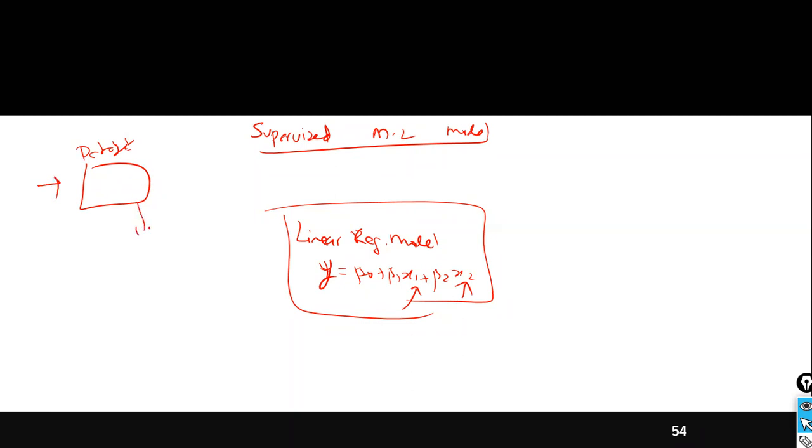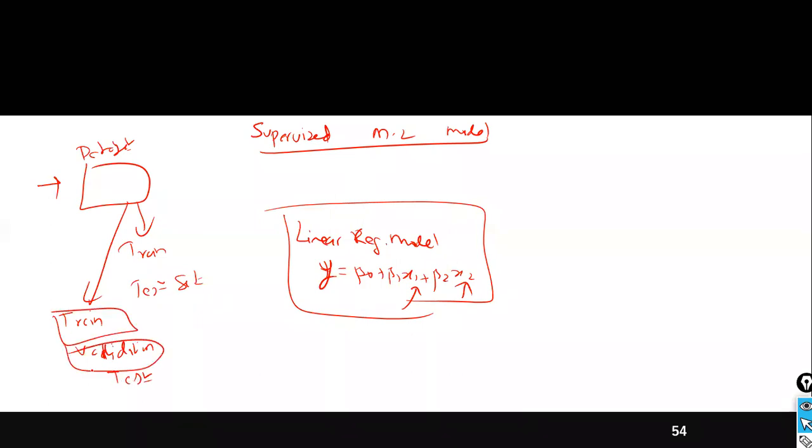You need to split this into train and test data sets. In some cases, we split the data into three parts: train, validation and test set. Let's say 60%, 20% and 20%. This is 100% of the data. I'm going to split it 60% for training, 20% for validation, 20% for test set.